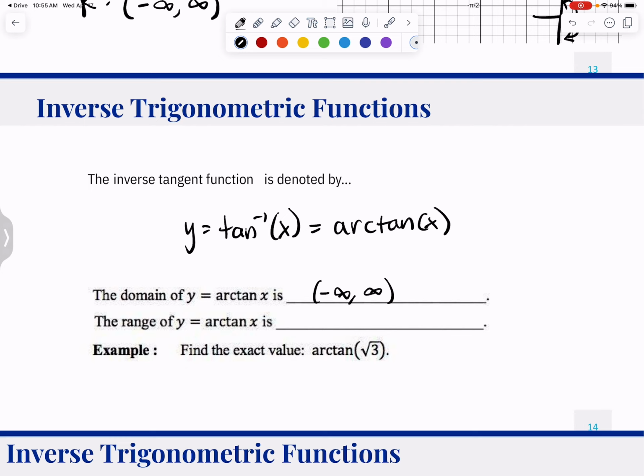Arctangent, but we can't get anything out of arctangent other than angles between negative pi over 2 and pi over 2. So if I want the exact value of arctangent of root 3, I know tangent is root 3 at the pi over 3's, and it's positive in quadrant 1 and 3, but we're only looking at quadrant 4 with negative coterminals and quadrant 1. So I want the pi over 3 in quadrant 1, which is just pi over 3.